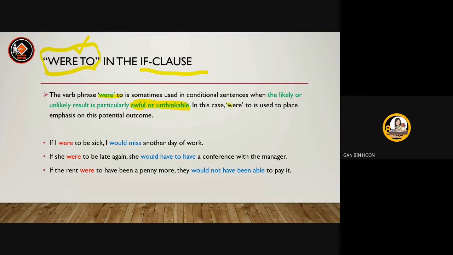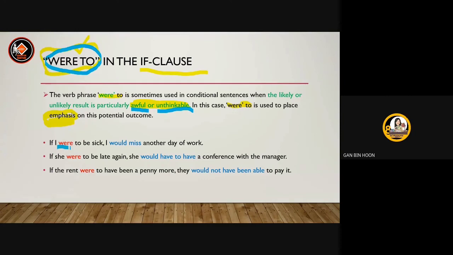In this case, were to is used to place emphasis, penekanan on this potential outcome. Kenapa guna were to, teacher? Not was, no. Dia tak benarkan sekarang, okay? So, remember, syarat dia, were to akan digunakan bila perkara tu tak mungkin ataupun teruk ataupun tak boleh imagine. You cannot imagine it happening. Tak mungkin berlaku.